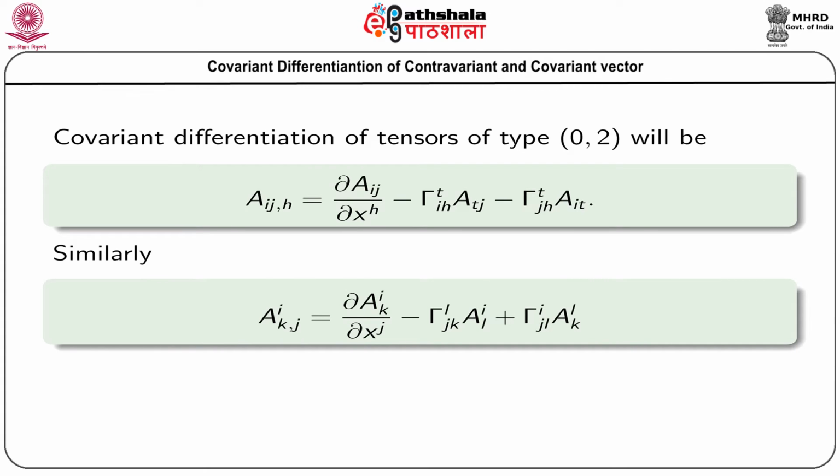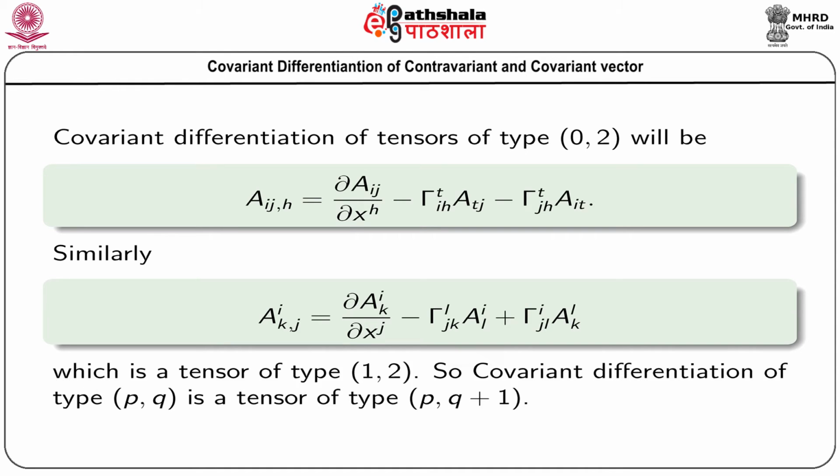Similarly, for the mixed tensor of type 1 1, that is a i k, its covariant derivative with respect to x j is denoted by a i k comma j, and its expression will be del a i k by del x j minus gamma l j k a i l plus gamma i j l a l k, which is a tensor of type 1 2.